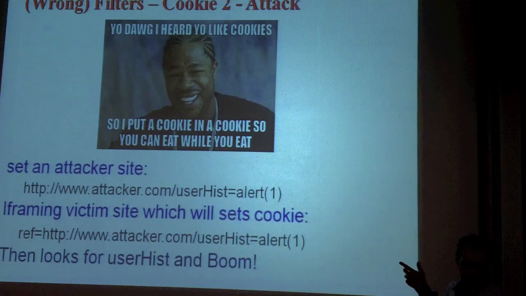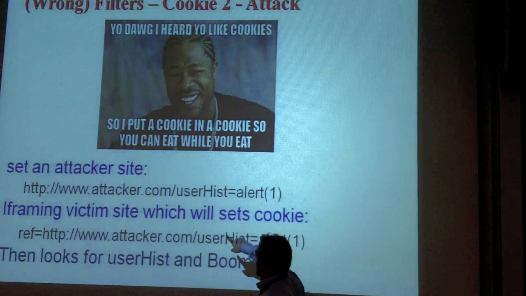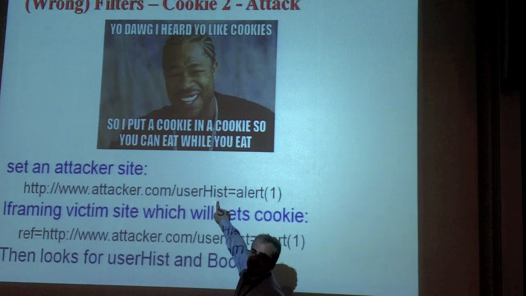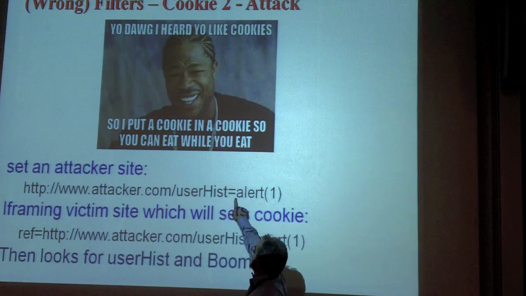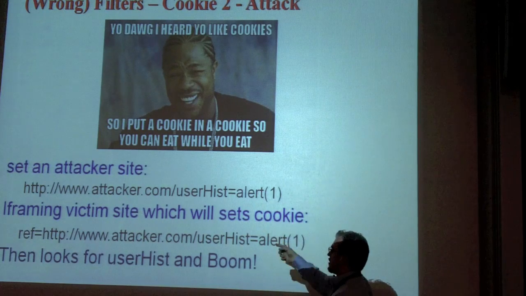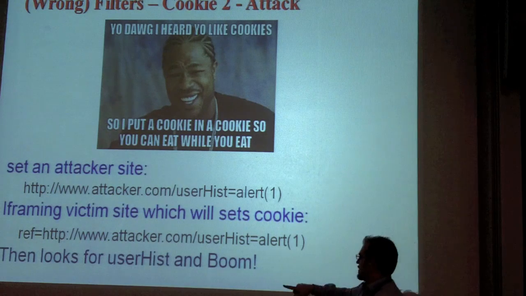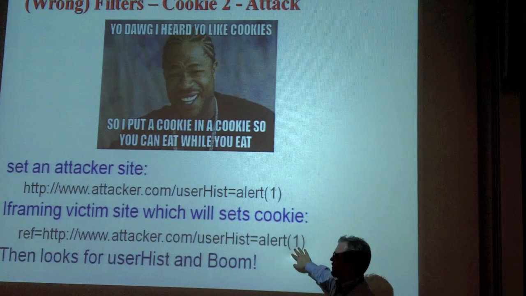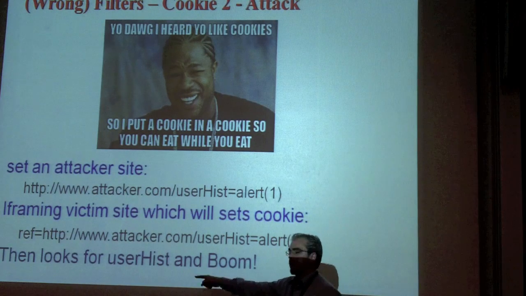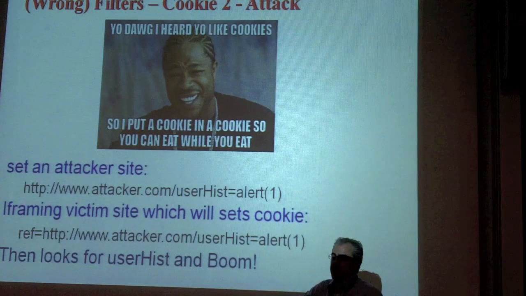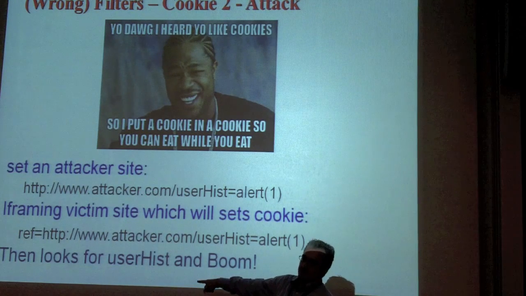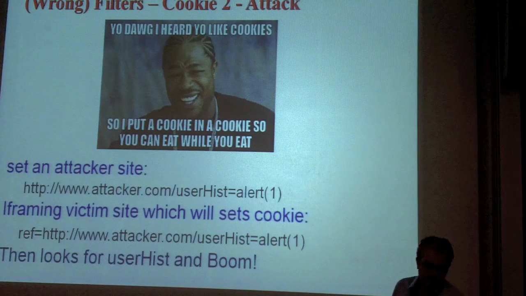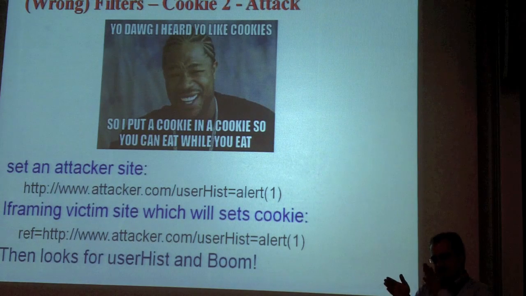What happens if I set the document.referrer like this? You see, user history equals alert(1). So it creates this cookie, ref equals all this stuff, and then the previous function looks for user hist, but not in the right way, because it doesn't look at the space.